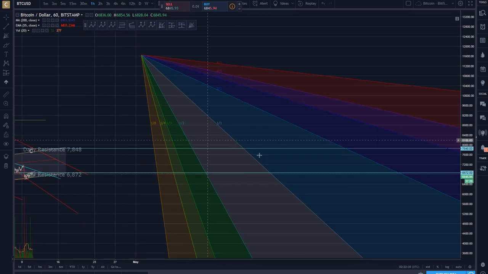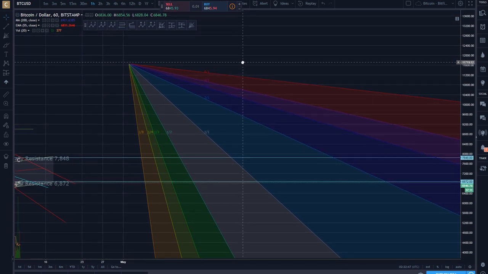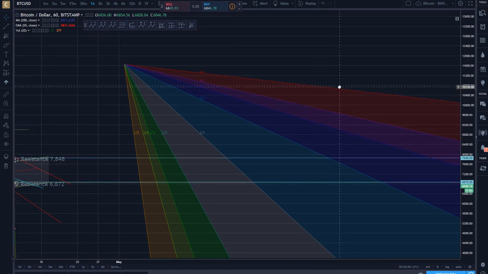So in order for the market to go up, it has to break through all of these GAN angles: the 1-8, the 1-4, 1-3, 1-2, 1-1, 2-1, and so on and so on. These are normally stopping places where the market stops. They're areas of congestion or resistance or support, depending on which direction you're coming from.